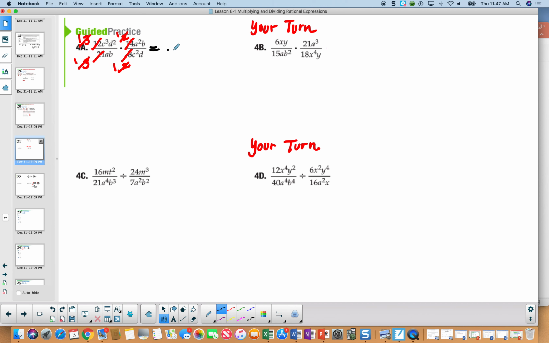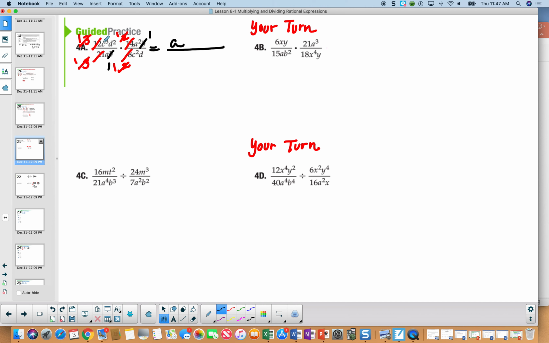And now what I'm going to do is take a look at my A, B, C, and D. So in my A's, I have an A squared here and an A here, so I know I'm going to have 1 A in the numerator. I have a B in the numerator and a B in the denominator, so I won't have any more B's.